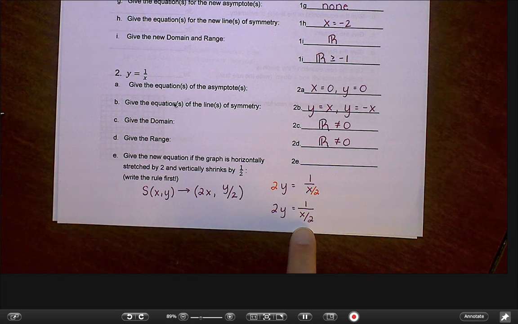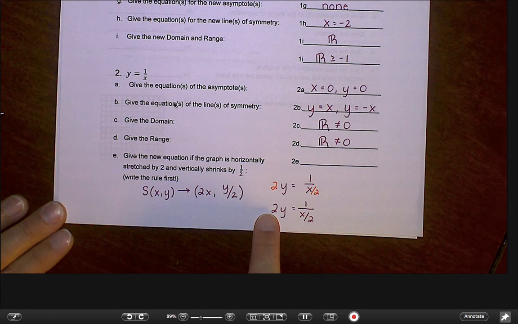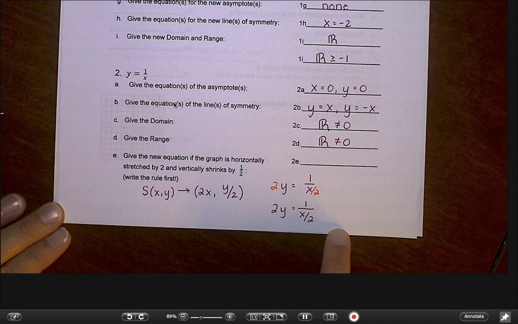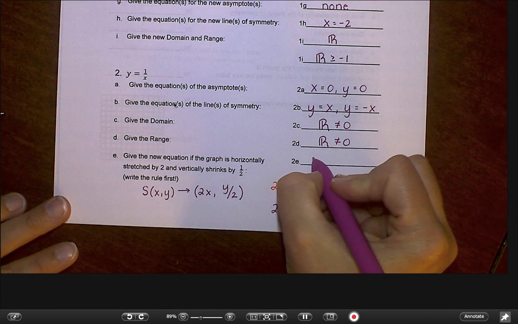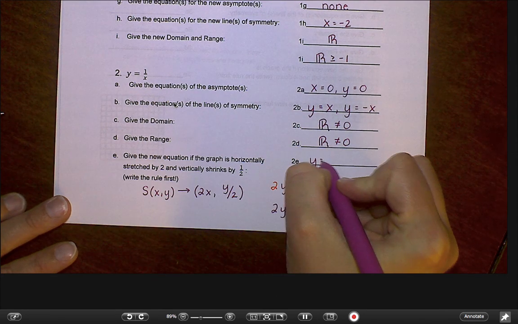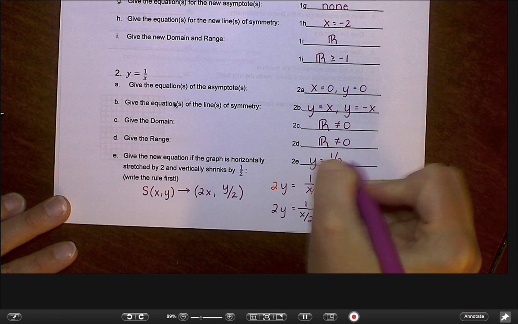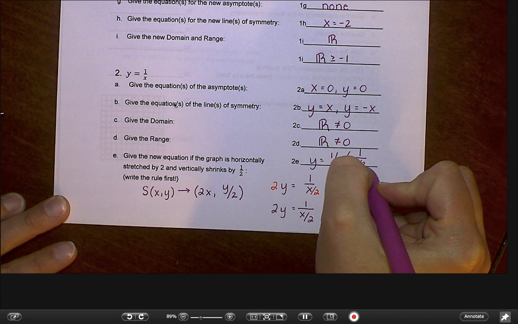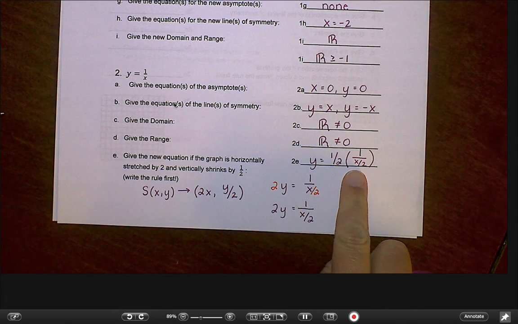But it would work for our purposes right now. If you did want to move this 2 to the other side, I really wouldn't want to see you divide this whole thing by 2, because that would be really ugly. But I guess we could get away with something like y equals 1/2 times 1 over x over 2. So I would be perfectly fine with that answer.